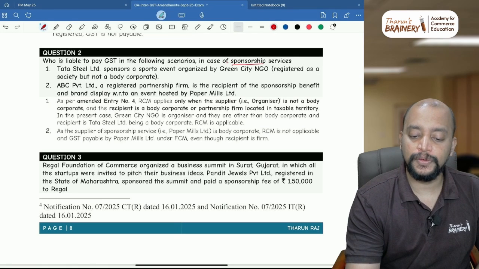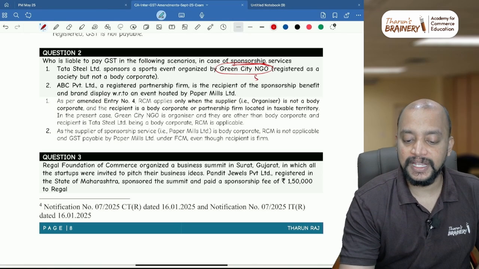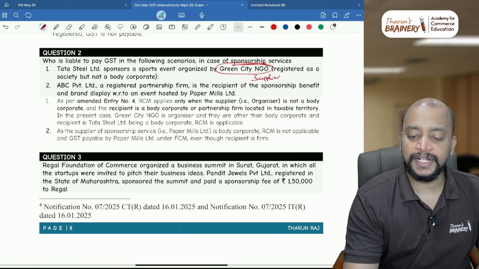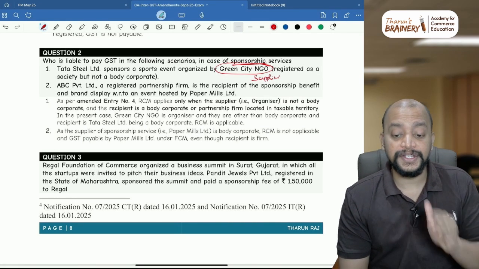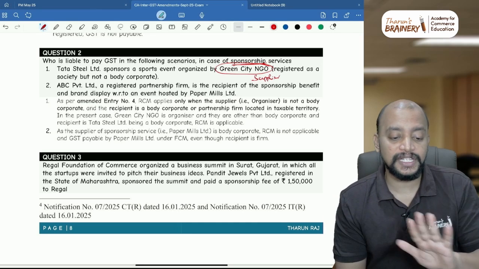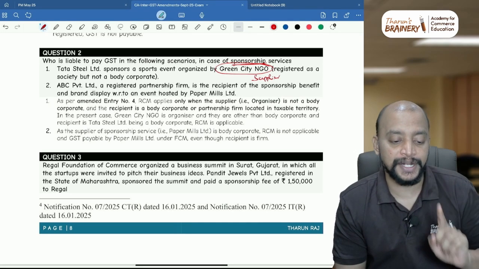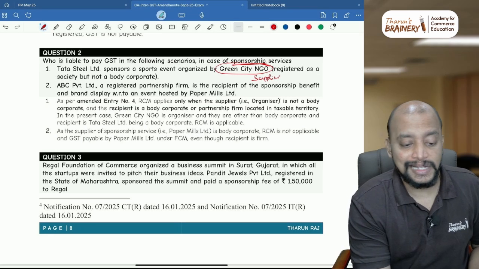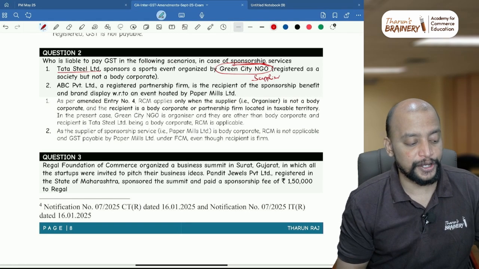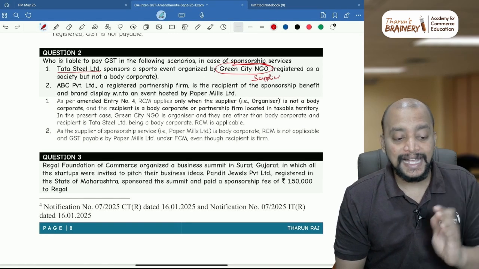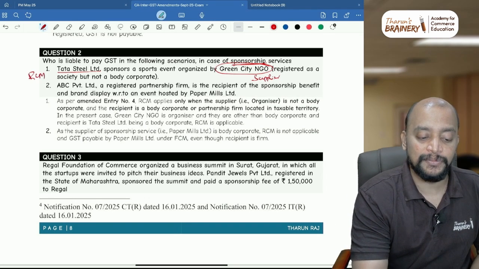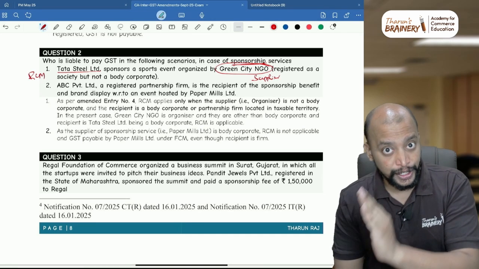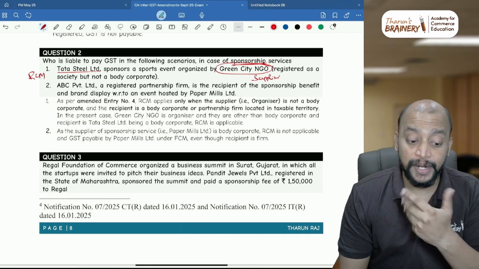So this Green City NGO is the supplier, registered as a society but not as a body corporate. Means supplier is other than body corporate, and the recipient is Tata Steel Limited, which is a body corporate. As recipient is a body corporate, it will definitely be coming under RCM, because supplier is other than body corporate and recipient is body corporate or firm.